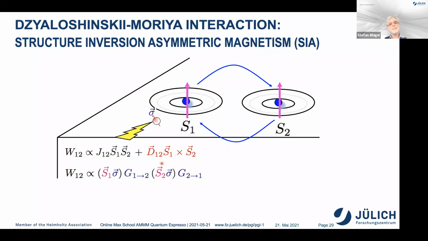But if I have now Rashba electrons, then I get an additional term here, and these Rashba electrons, due to the fact that they have a certain behavior due to the spin-orbit interaction, produce an additional term here, which is this Dzyaloshinskii-Moriya interaction.